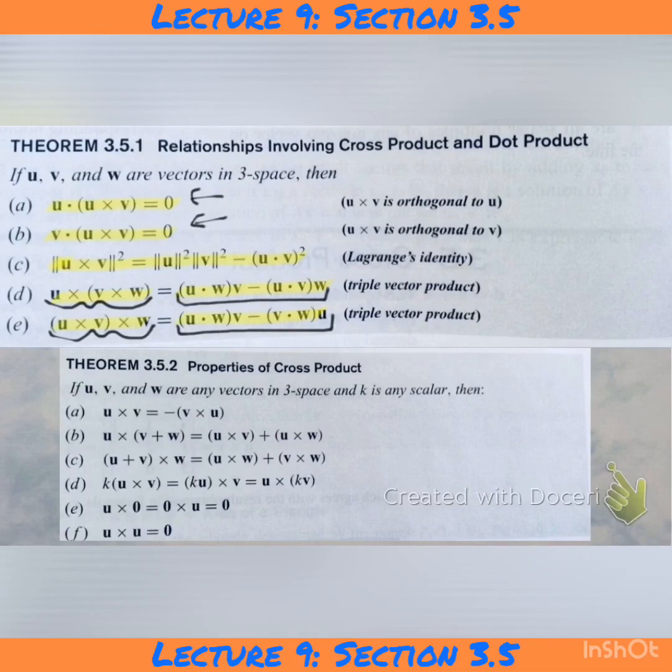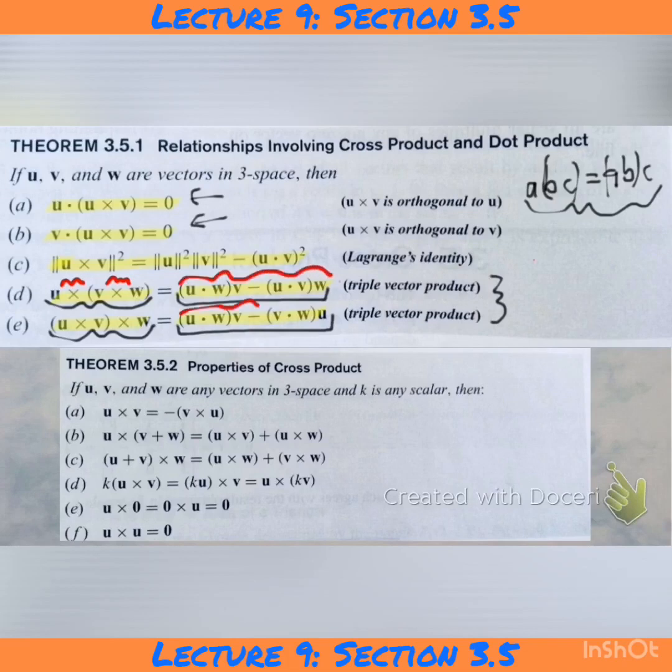So remember, with matrix multiplication we had that associativity holds. So if you have matrices A, B, C, then A with B, C is still the same as A with B with C. And in the case where you have the two triple products, number D and number E, you can clearly see by comparing that U cross with V cross with W is not necessarily the same as crossing U with V and then crossing that with W. Those two expressions on the right-hand side are clearly not always the same.